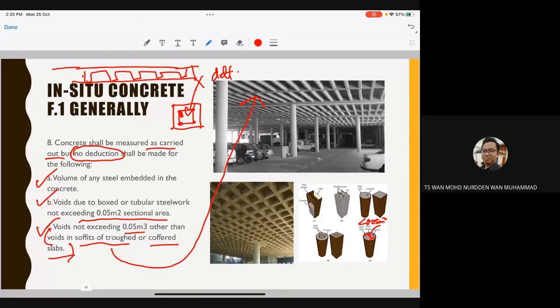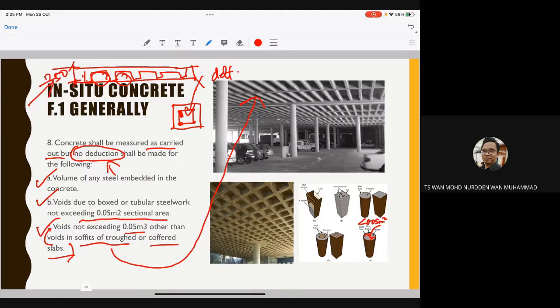Okay, katakanlah thickness dia 250. Okay. So kawasan ni perlu buat deduction lah. Maksudnya kat sini, sebab situasi kat sini no deduction kan. Tapi disebabkan yang voids ni not exceeding 0.05 meter cube other than void in soffit or trough, maksudnya this one memang kita kena buat deduction lah.